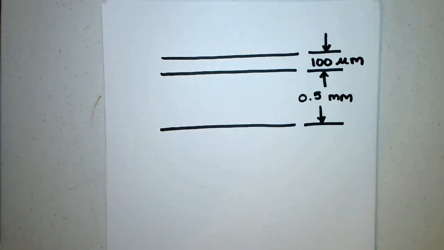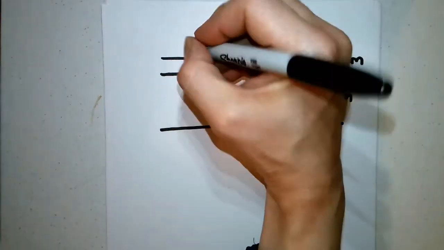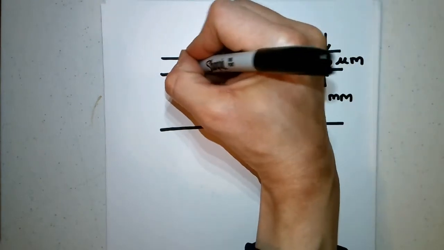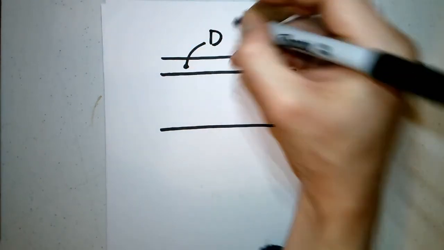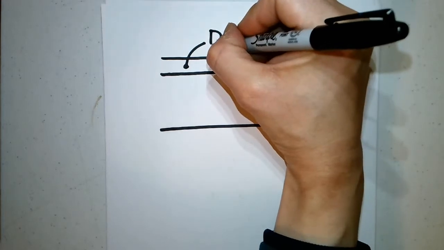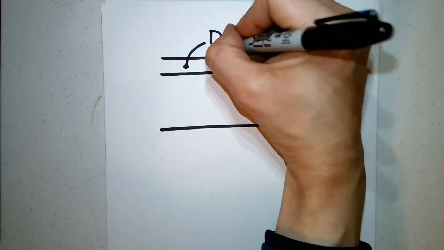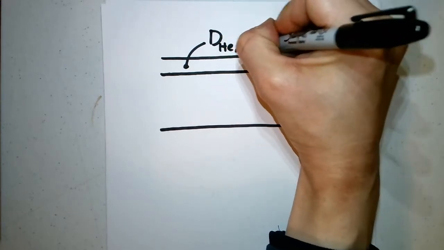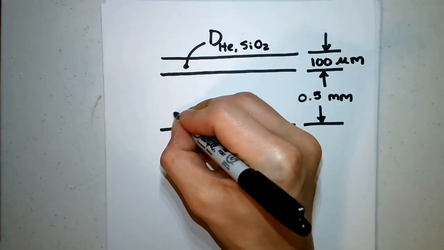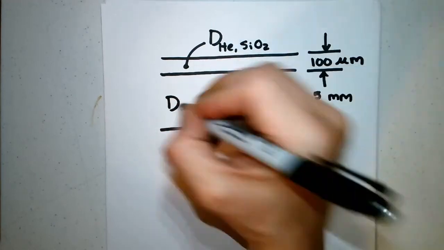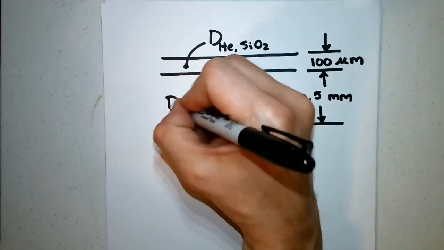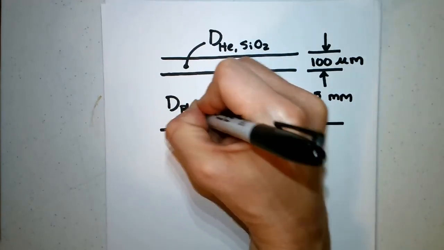And so we gave you a few diffusion coefficients. This had diffusion of helium through SiO2, and we'll just say this had the diffusion of helium in Pyrex.